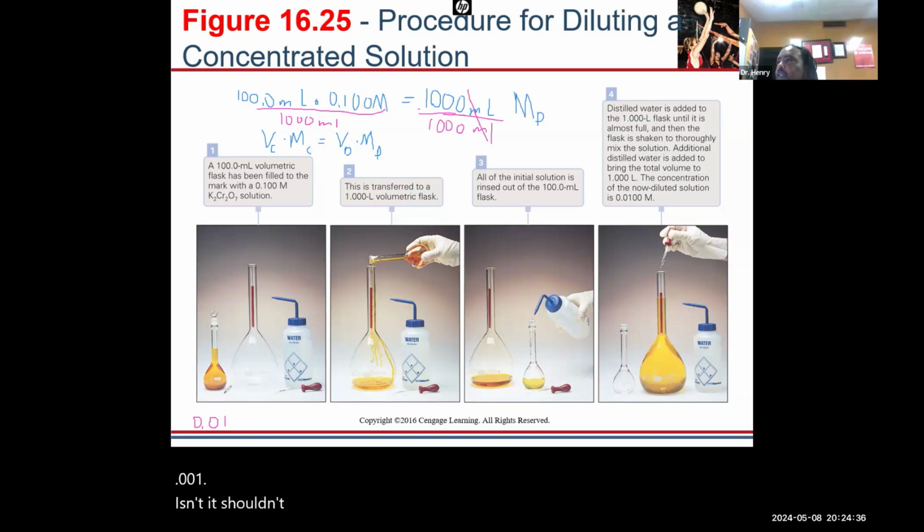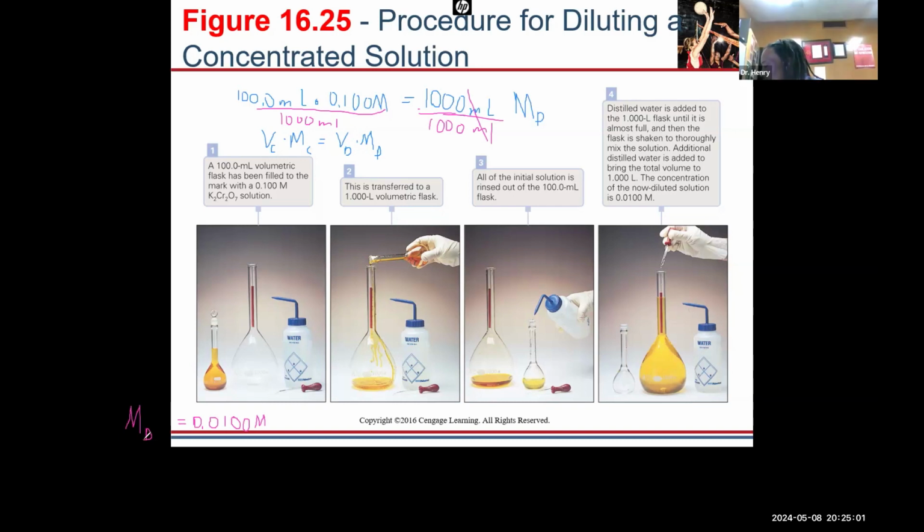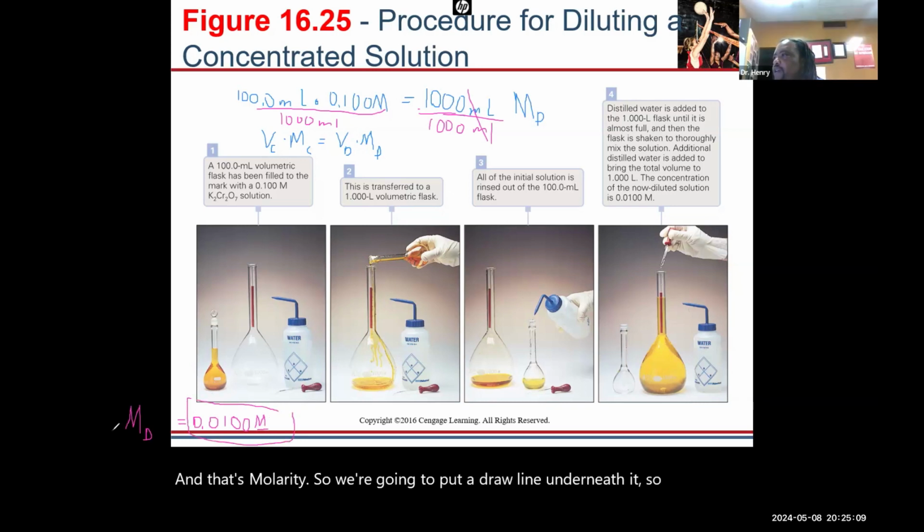Shouldn't it be 0.01? Wait, what did I do wrong again? Right, so we got the 100 times, oh, point one. Okay. Yeah, that's good. Point zero one. Scribble out the decimal, make a new one. And that's molarity. So we're going to draw a line underneath it so we don't just mistake it for M. Okay.